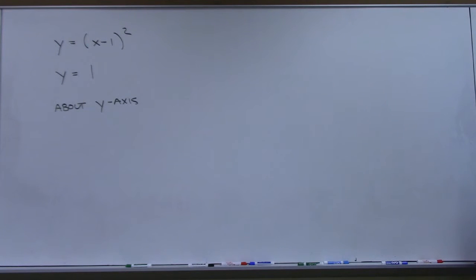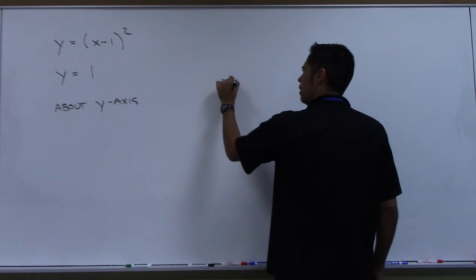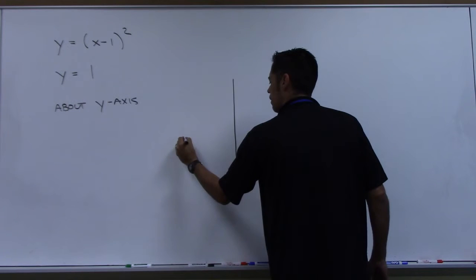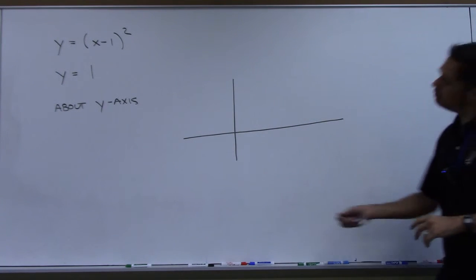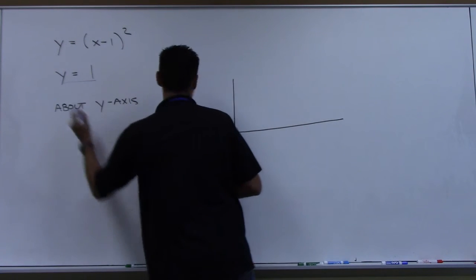I've got to be kind of quick here because I'm running out of time. y equals 1 is the easier one to graph, right?